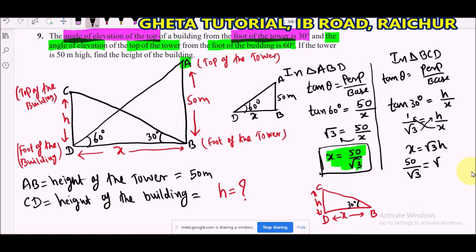So 50 by root 3 equals root 3 h. Multiplying by root 3, root 3 into root 3 becomes 3. So 50 by 3 is equal to h. Therefore h is equal to 50 divided by 3. If you divide, you will get the height of the building: 16.66 meters.